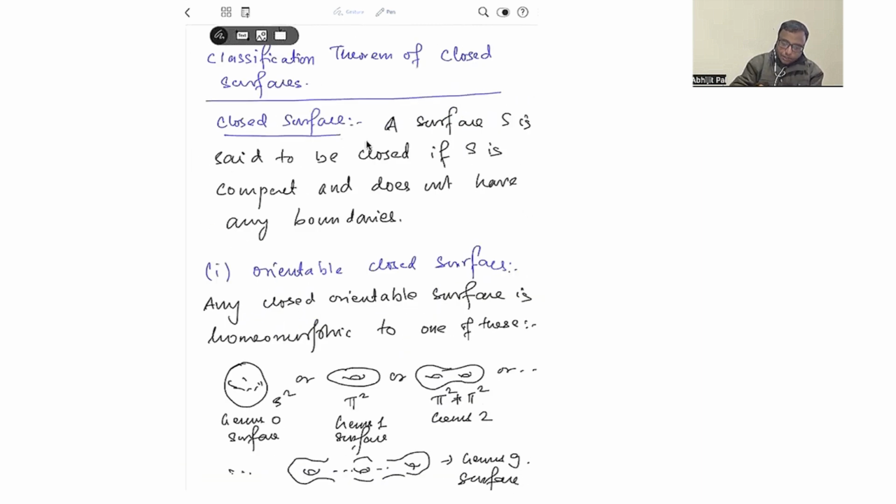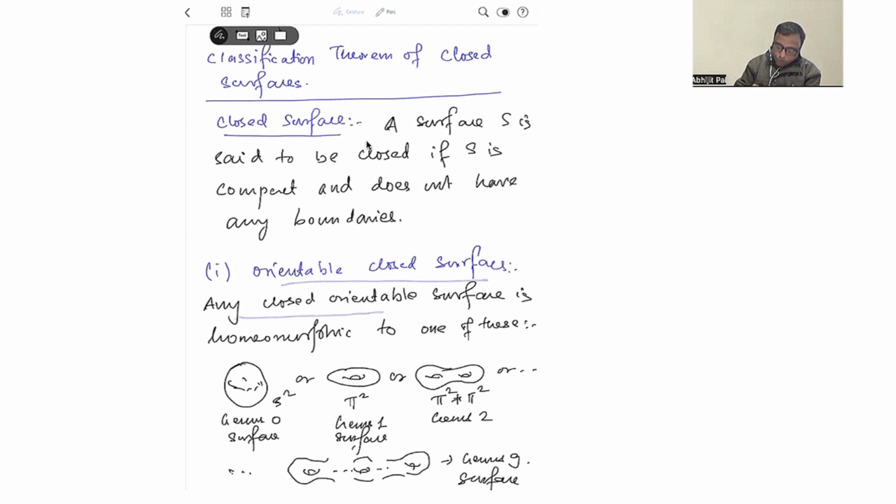Now what is the classification theorem of closed surfaces? First of all, what do you mean by a closed surface? A surface S is said to be closed if S is compact and does not have any boundary, where boundary here means topological boundary. So a surface is closed if it is compact and without boundary. What is the classification of orientable closed surfaces?